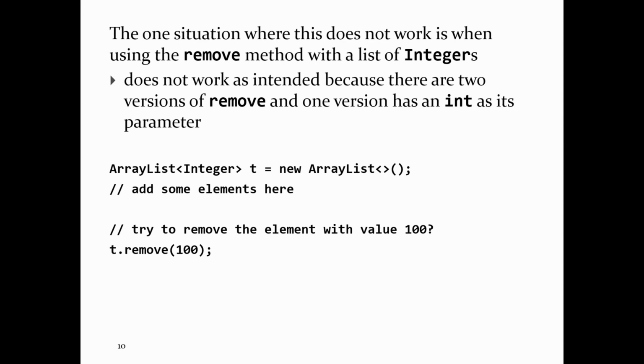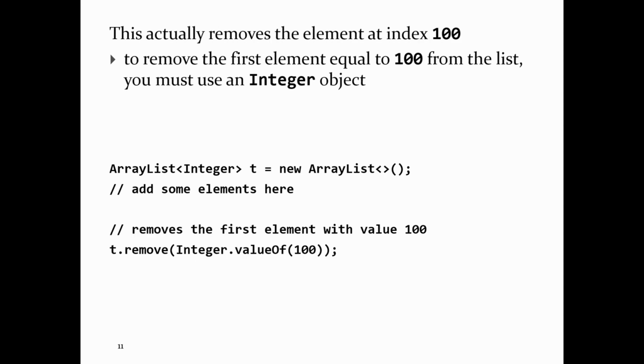If you wrote t.remove(some string) on a list of String, then the list will try to remove the first occurrence of that string. Here it removes the element at index 100. So that doesn't work. What you have to do if you want to remove the Integer object whose value is 100, is you need to make an Integer object whose value is 100.